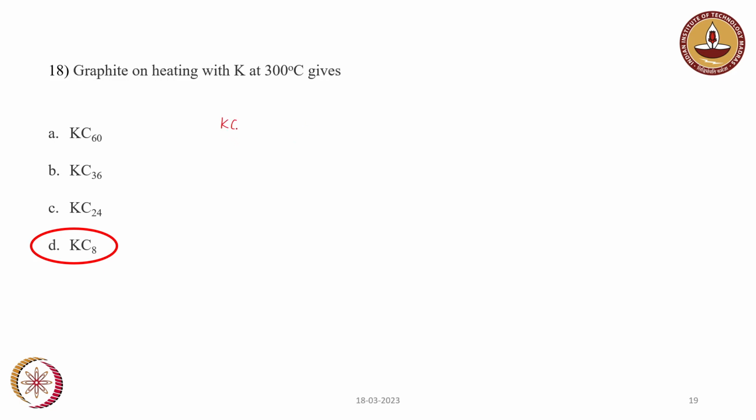So from KC8 when we heat it, it will give KC24, then heating will give KC36, and again heating will give KC48, and finally it will give KC60. So this one has copper color and KC60 will have blue color.